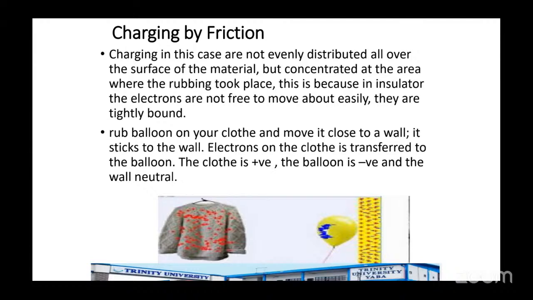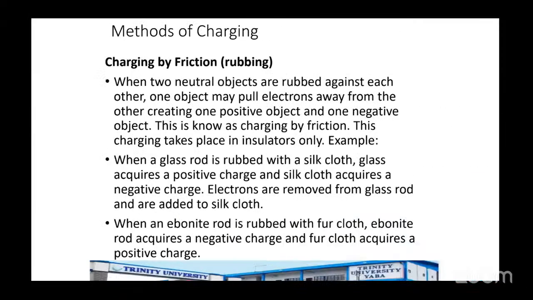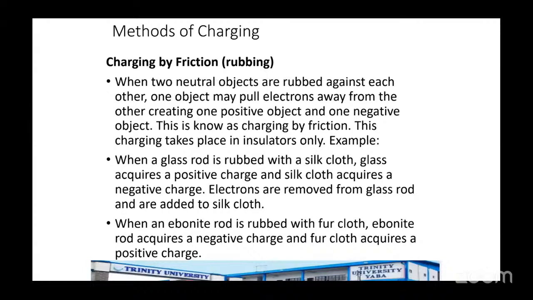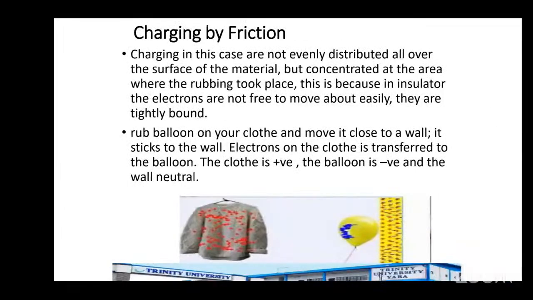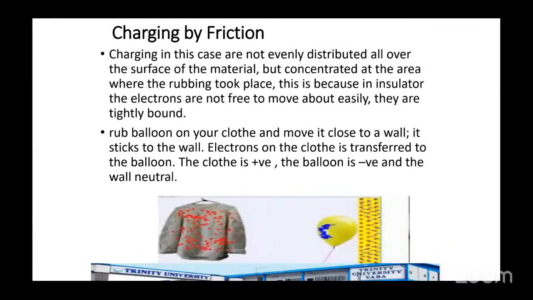So your cloth, just like the ebonite rod rubbed with fur, gives out electrons. Ebonite became negative, fur became positive, because the cloth loses electrons.